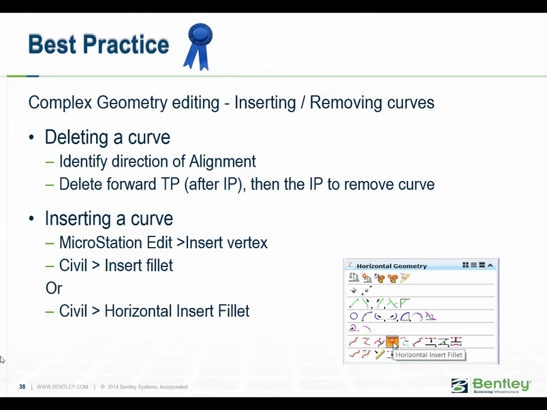If you're inserting, again, the insert vertex command will work, and then you can insert a horizontal fillet, or you could just use the civil horizontal insert fillet, and it'll actually take you through the process of inserting a vertex. You may also want to consider locking the rules to control the updating, but again, if you're working in a federated approach, you have control then, because the federation across reference files occurs when you open the reference file.